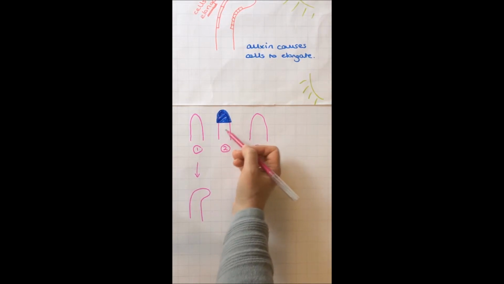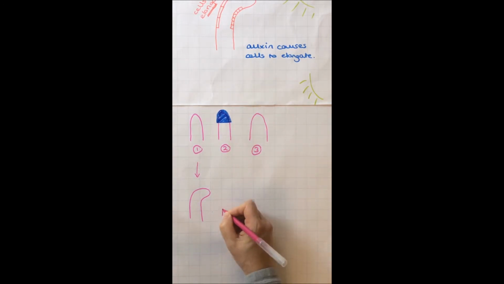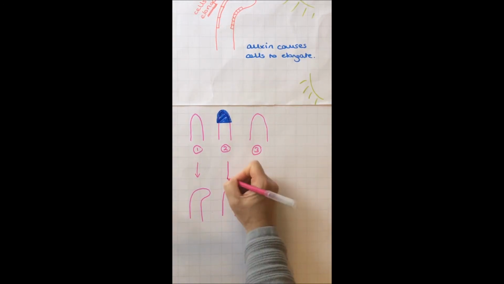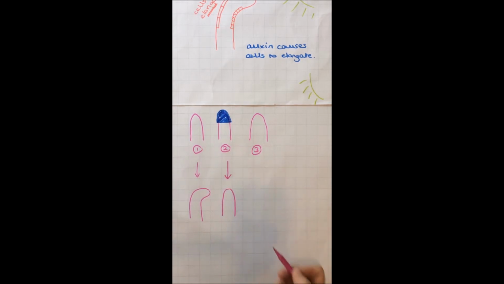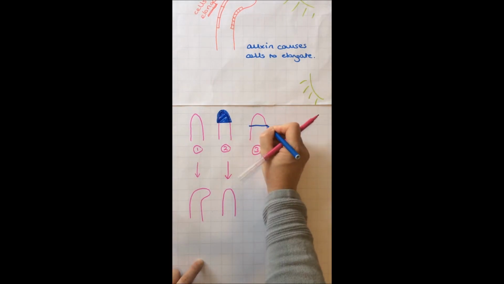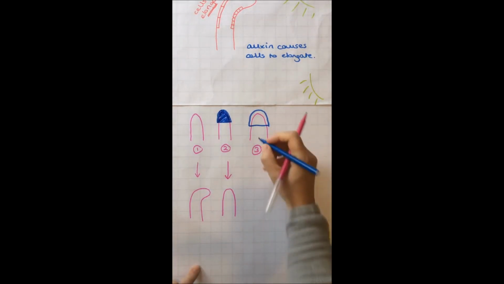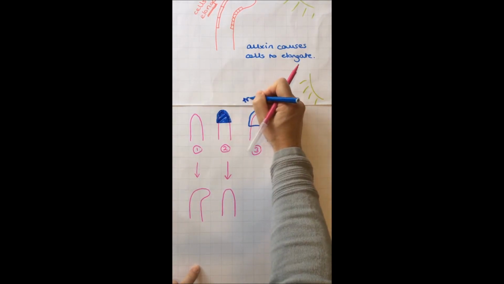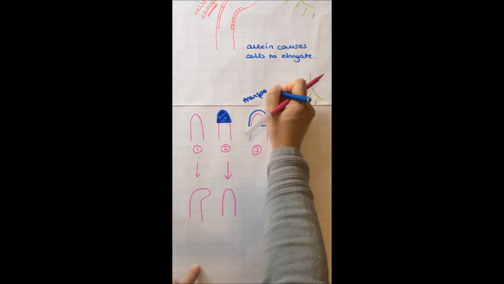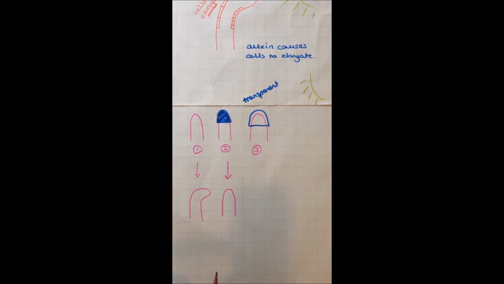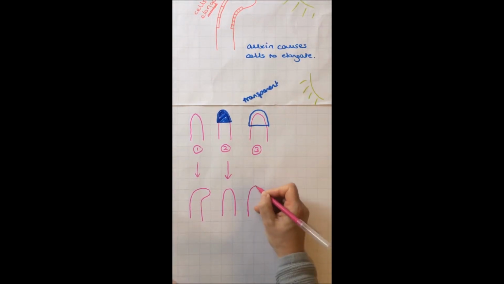So the shoot would just continue to grow straight up because it can't differentiate between light or dark. They could put a cap over the top of the shoot, but the cap is transparent. That means that light is able to pass through it. And so if light is able to pass through it, the shoot is going to respond in exactly the same way as previously.